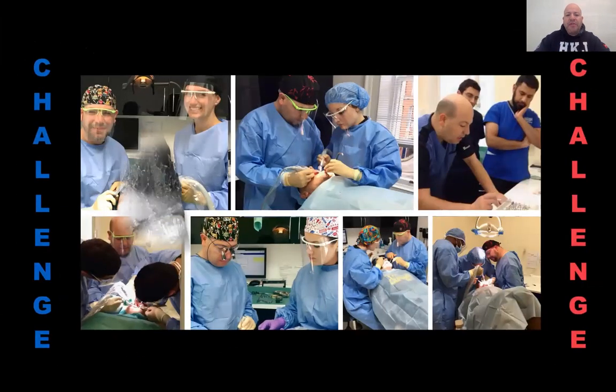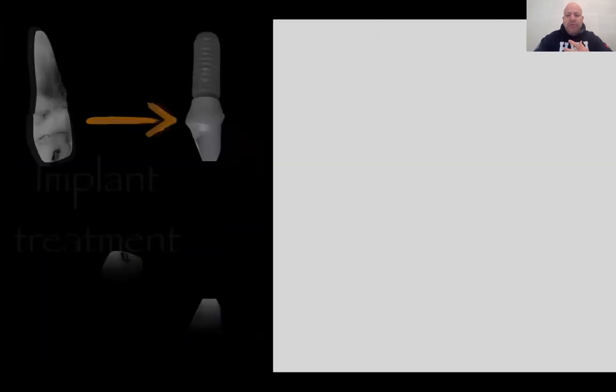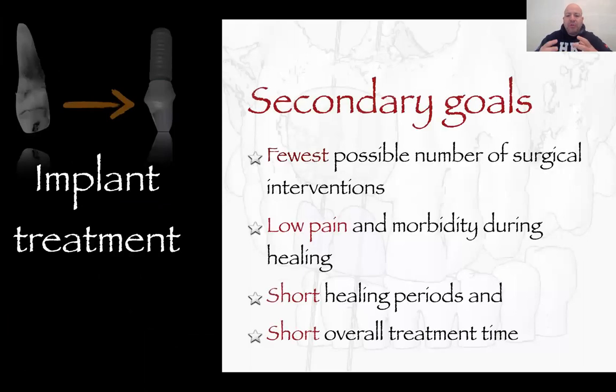So the challenge whenever you have a patient coming to you with a missing tooth wanting to replace this with a dental implant, you're going to have the patient trying to put pressure on you to do everything as quick as possible, with the fewest possible number of surgical interventions, less pain, less healing time, and less overall treatment time, which is important and is nice.